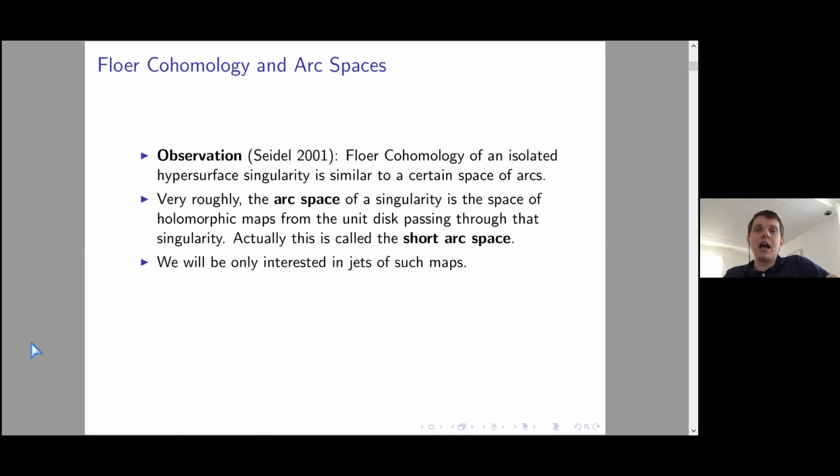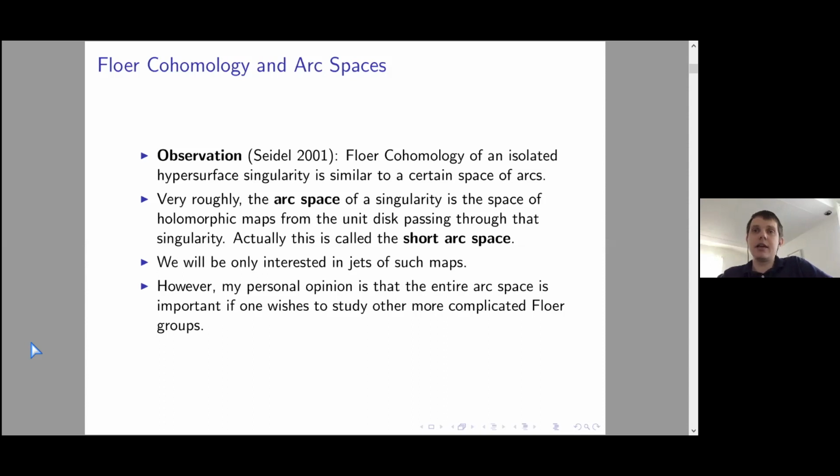As I said, I'm only going to be interested in jets of such maps, but really you should keep in mind the short arc space a little bit, because I think that's sort of the key object. As I said, my personal opinion is the entire arc space is important if one wishes to study more complicated Floer theoretic objects.